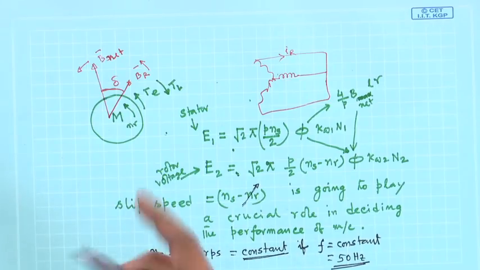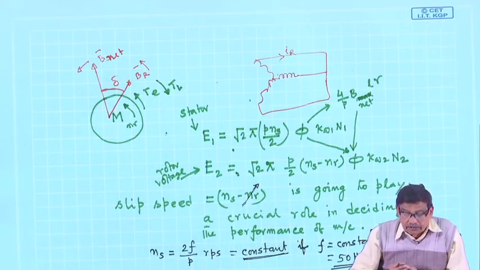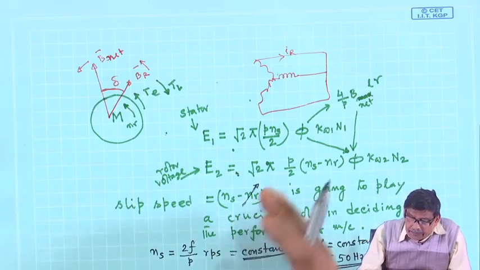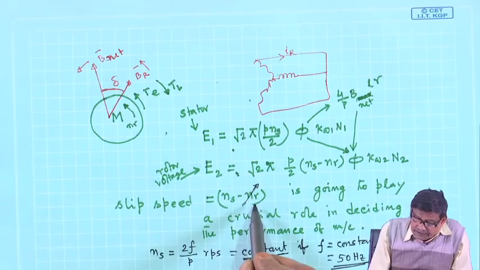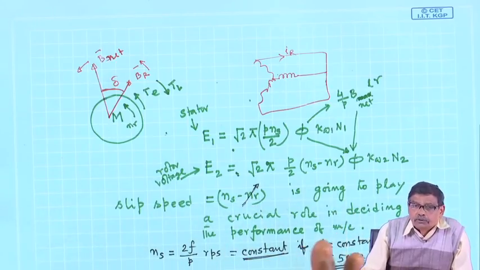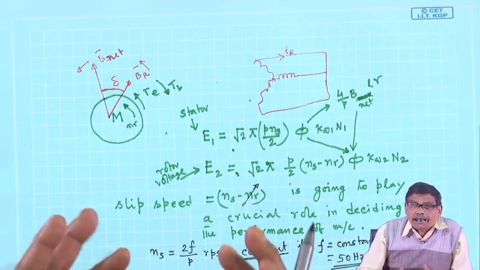So, the speed of the rotating fields is constant and Nr may change, and I told you Ns minus Nr is going to play a crucial role, because that will decide the magnitude of the voltage.